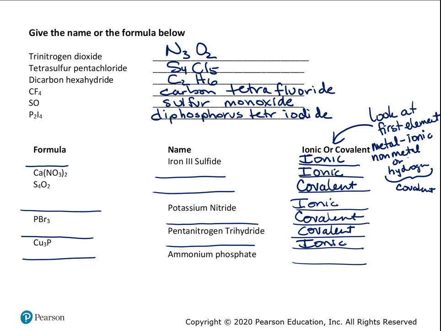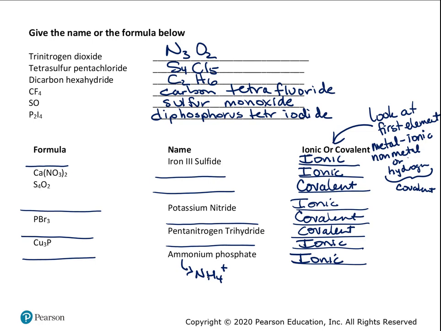So if it has a charge, this molecule would have to be ionic. The thing you have to remember here is this is NH4 with the plus. That's the only time nitrogen out front is an ionic compound, because it exists as an ion. That's a polyatomic.